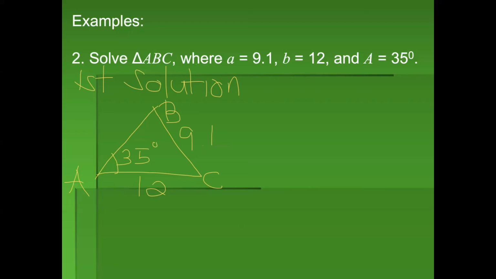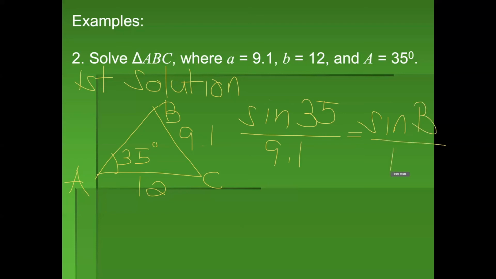Using the law of sine, we can use angle A and side A, and also side B and angle B. So we need to solve for angle B. That will be sine 35 over its opposite side, which is 9.1, equals sine B, which is unknown, all over 12.